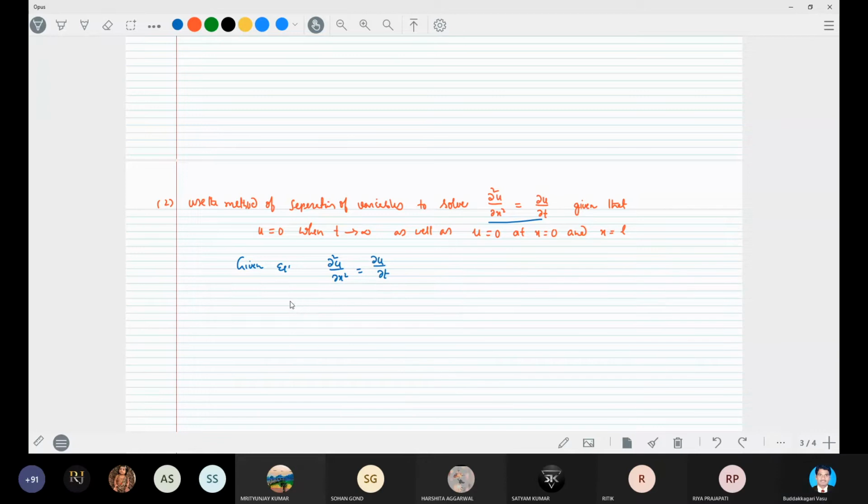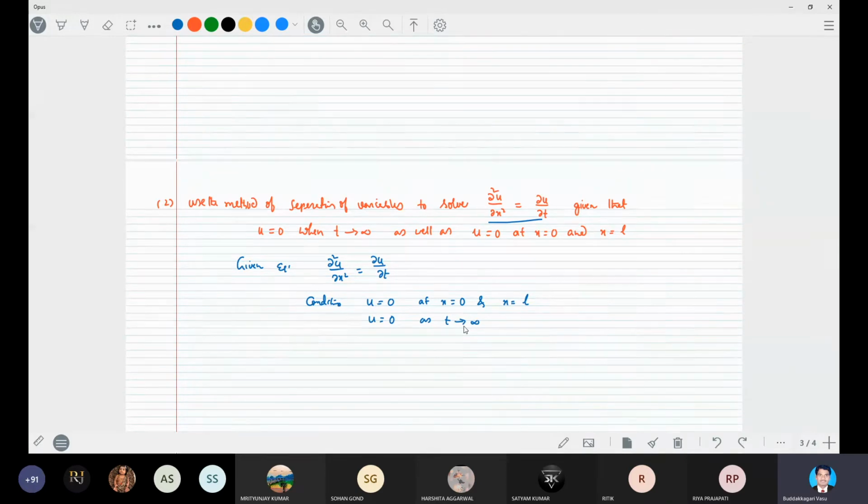The initial boundary conditions: u is equal to 0 at x is equal to 0 and at x is equal to L, as well as u is equal to 0 as t tends to infinity.